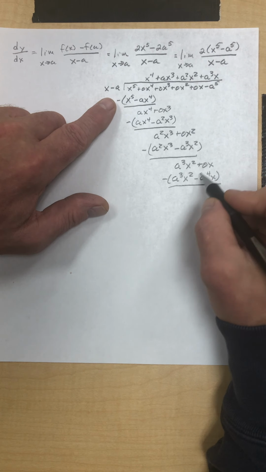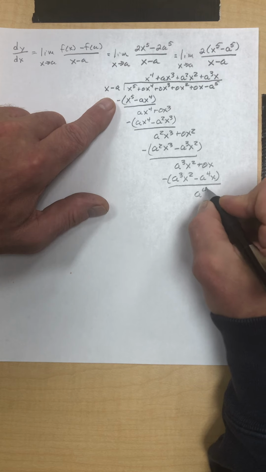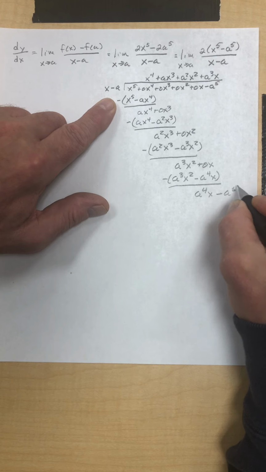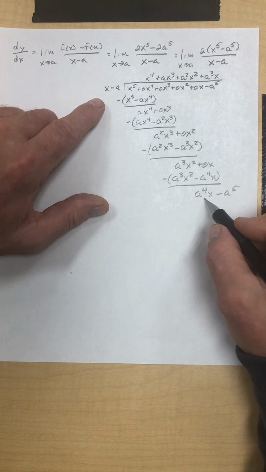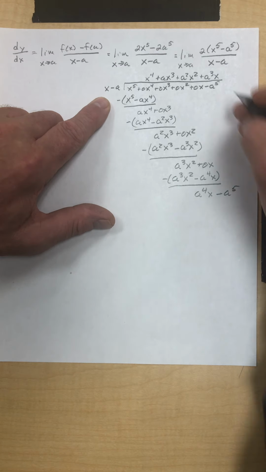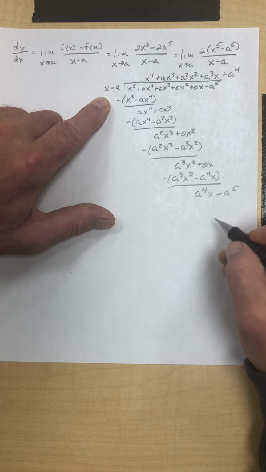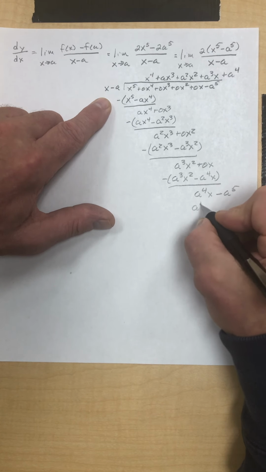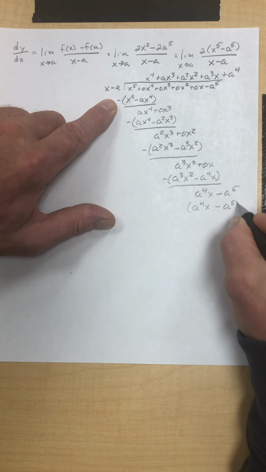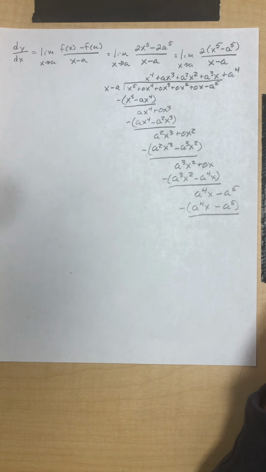These guys go away, and so I'd have 0 minus a negative a to the 4th x, so I get positive a to the 4th x, and then bring down my minus a to the 5th. And then we go a to the 4th x divided by x, so it just gives me a to the 4th. And then multiply through, so I'd get a to the 4th x minus a to the 5th, and clearly everything goes away. Okay, so it does divide evenly, which I knew it would.